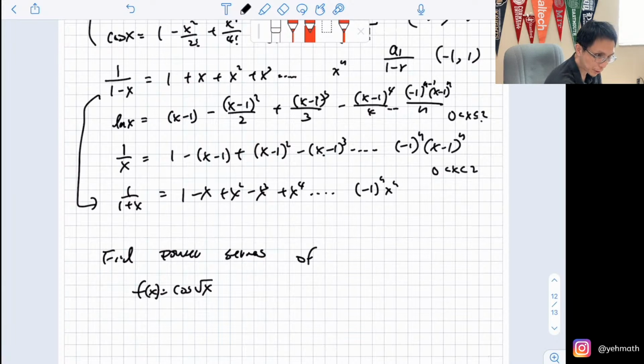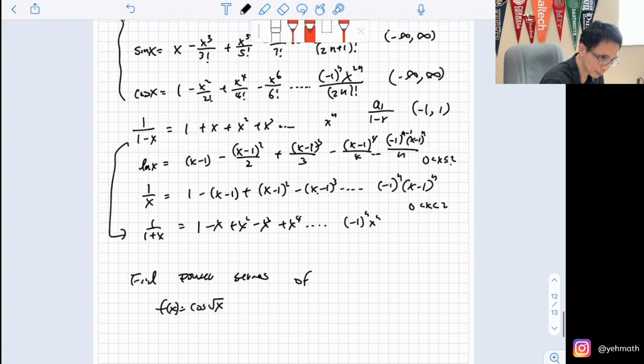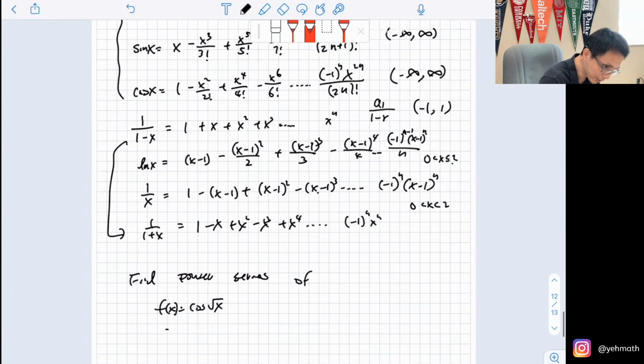But you already know cosine of x, right? And yes, just plug in. You replace whatever x with the square root of x.